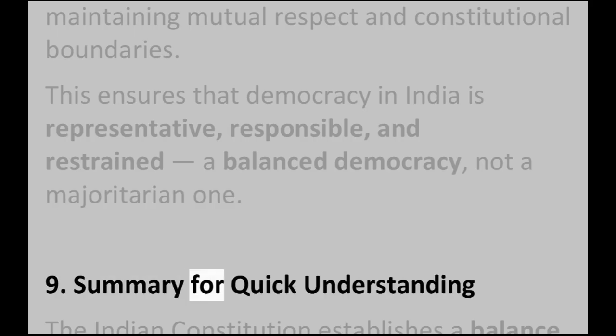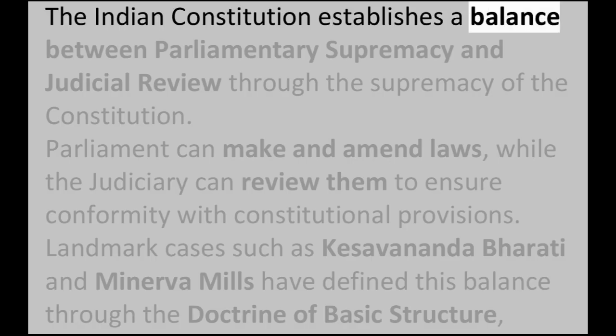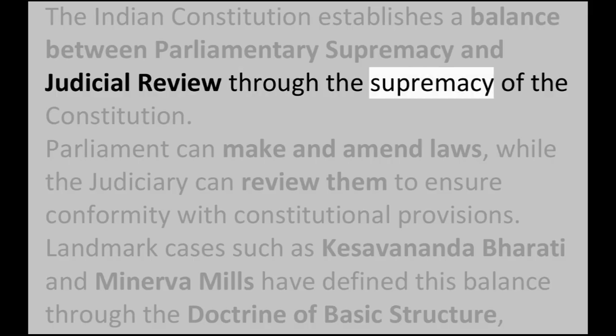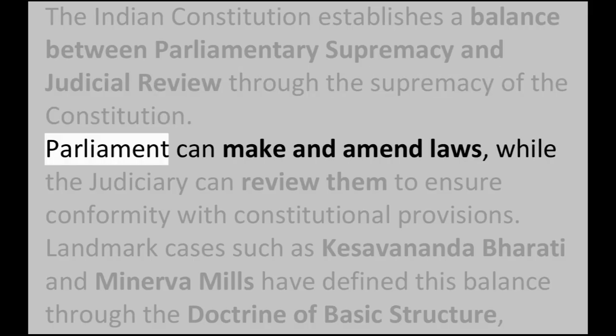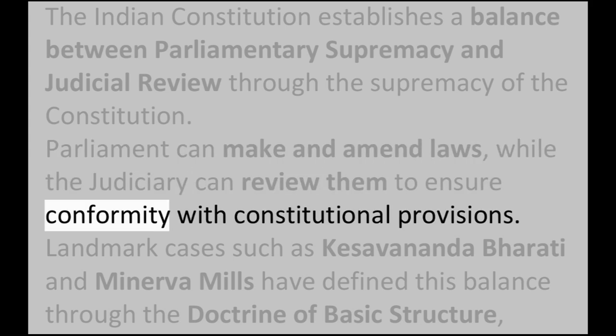9. Summary for quick understanding. The Indian Constitution establishes a balance between parliamentary supremacy and judicial review through the supremacy of the Constitution. Parliament can make and amend laws, while the judiciary can review them to ensure conformity with constitutional provisions.